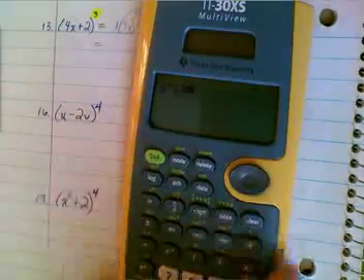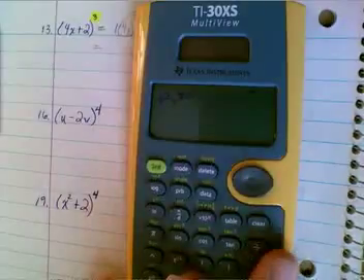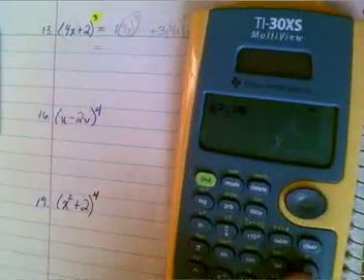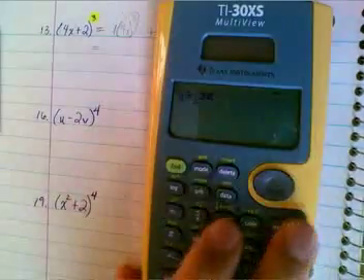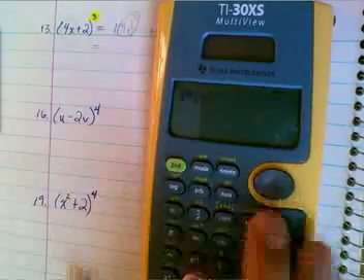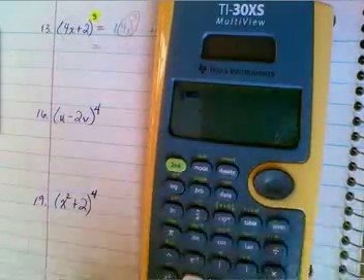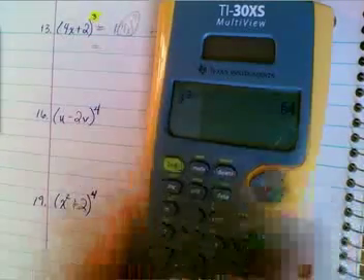Now I wouldn't just type it in a calculator like that. I just wanted to show you what it was before I wrote the answer. Now, what's 4 to the third? 4 to the third, of course, is 64. Okay, so 64x to the third.